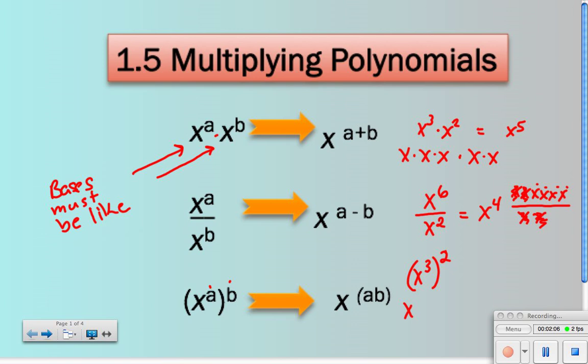So here's 1 x to the third multiplied by another x to the third, and that brings us right back to this rule right here. Whereas if you're multiplying, you add the exponents together and get x to the sixth. So instead of having to write all this out, I just multiply 3 times 2 and get 6. Now these rules should be pretty much a review from Algebra 1.